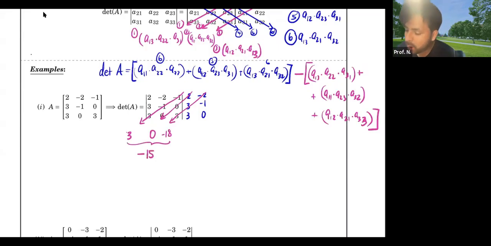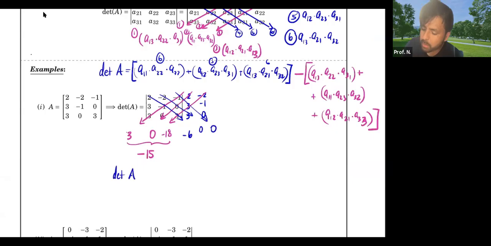And then when I multiply it on the other side, 2 times -3, 2 times -1 times 3, I get -6. Then I have these here. Well, 2 times 0, 2 times any 0 is 0. And I get another 0 here as well. So then what's the determinant?